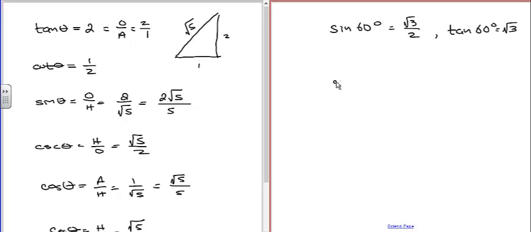So if they ask you for the cosine of 60 degrees, how would you do that? Well, one way is, of course, to draw a triangle.